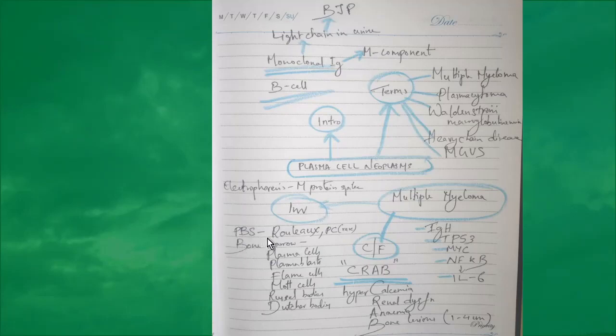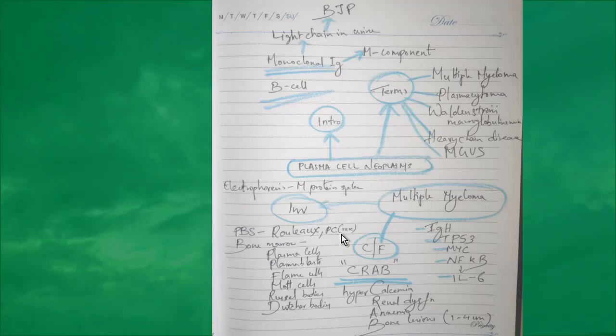In peripheral blood, there can be rouleaux formation. The smear may appear pretty blue because of paraproteinemia. Plasma cells may come in blood, but it is very rare. When it comes to blood, it's called plasma cell leukemia. In bone marrow, there will be an increase in plasma cells. You may see plasmablasts.